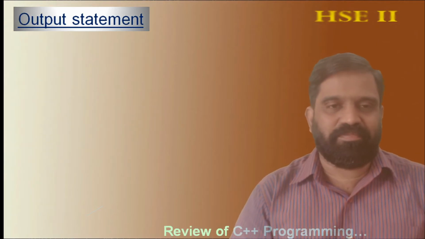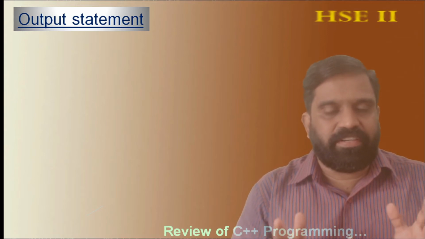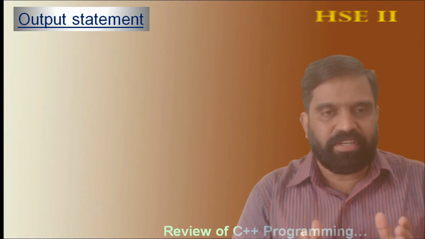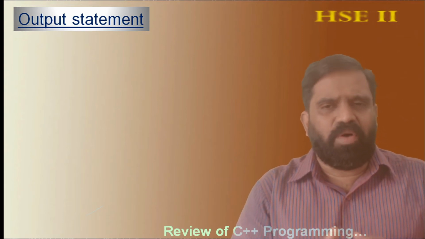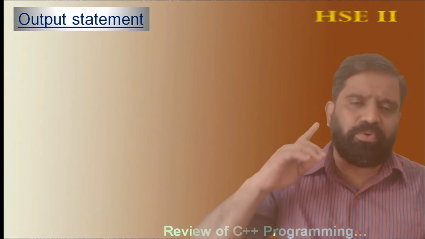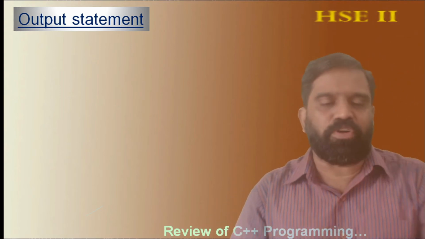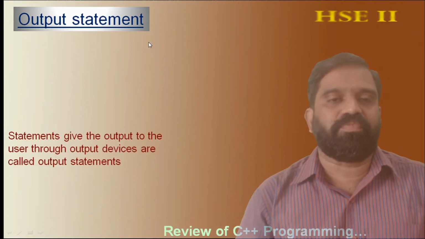Output statement. So we have seen how we can write a statement for giving data to a program for processing. Now how can we bring the data from the memory to show the output through the output devices? For that we can write an output statement.